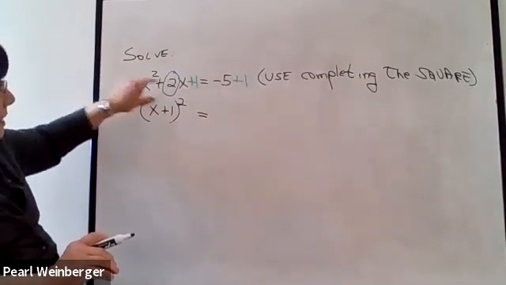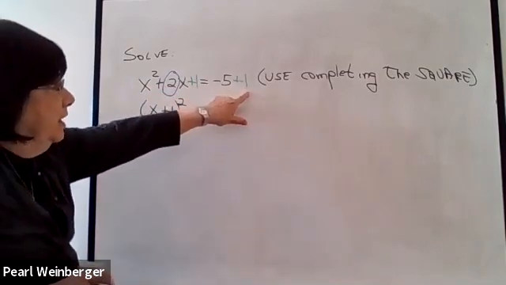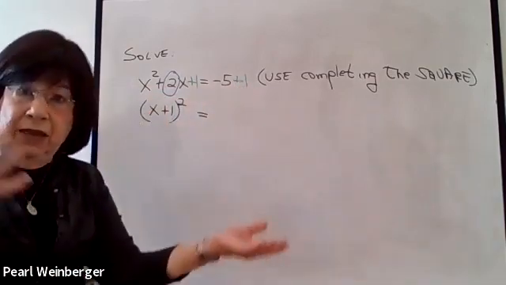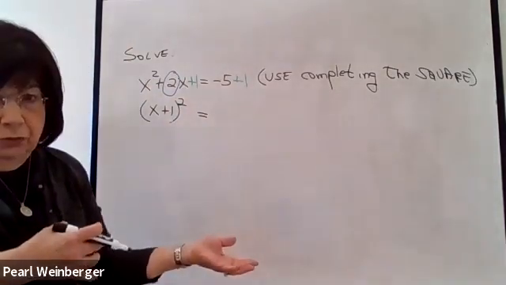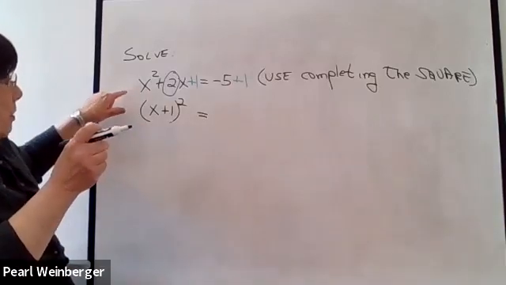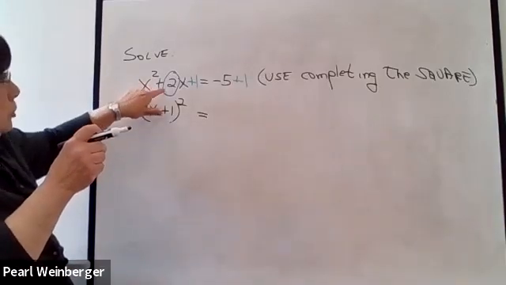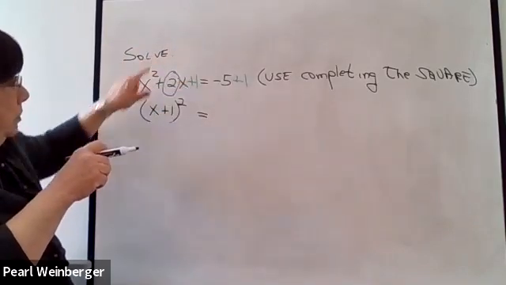So when I add 1 to this side, of course, whatever I add to this side, I've got to add to the other side to maintain my balance. This is an equation. You can't do something to one side without doing the exact same thing to the other side. And when you get this x squared plus 2x plus 1, that is a perfect square binomial.